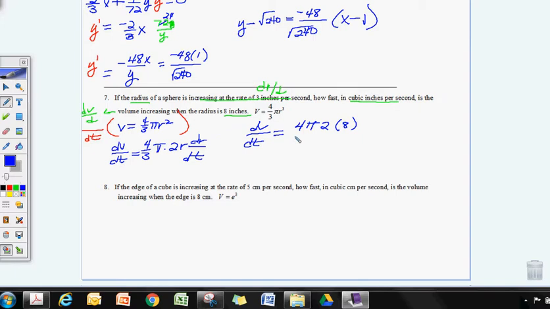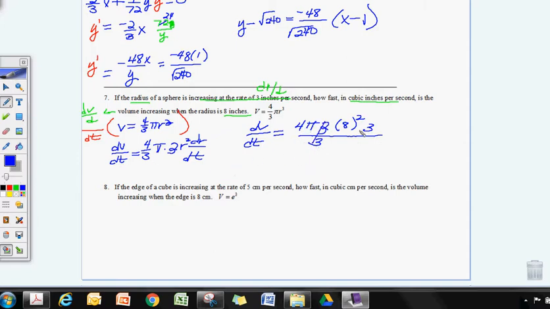And I have to apologize. This is r cubed, this is a 3, this is a 3, and this is squared. And I know that my dv dt is 3, and this is all over that original 3. These 3's cancel.